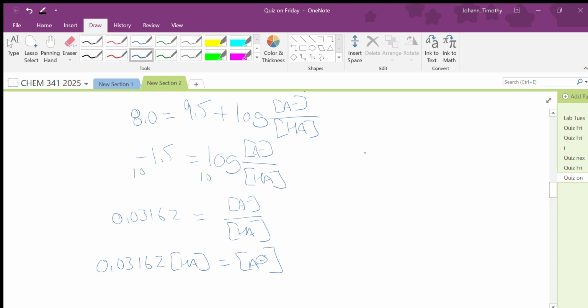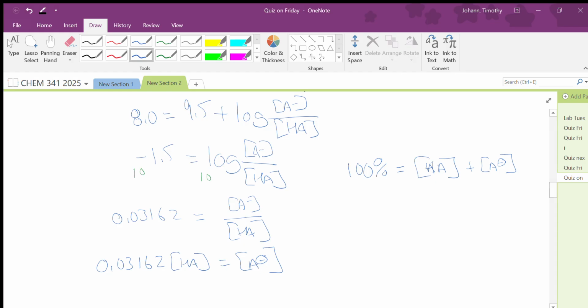So I can make up another equation and say 100% is equal to HA, I'm going to write it as a concentration, but it's not really a concentration, right? Plus A minus.